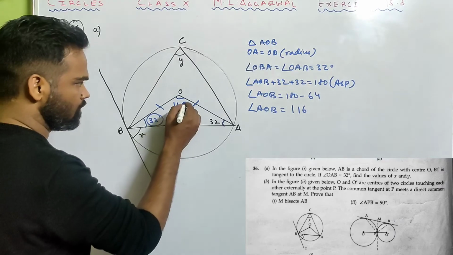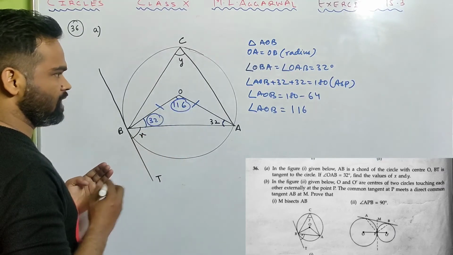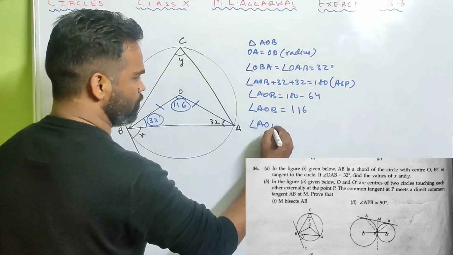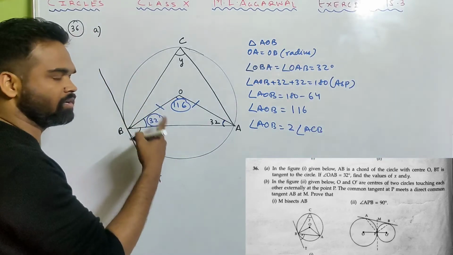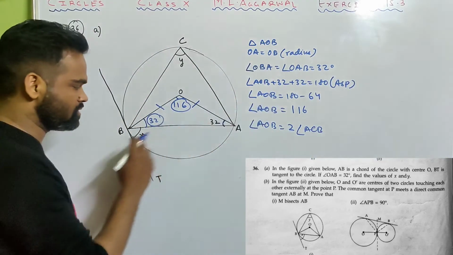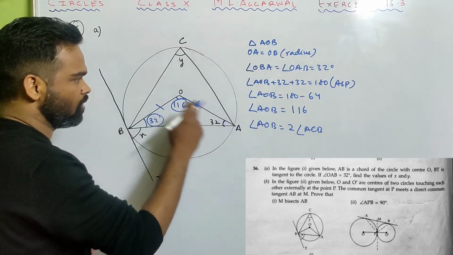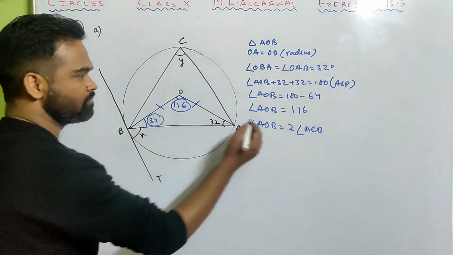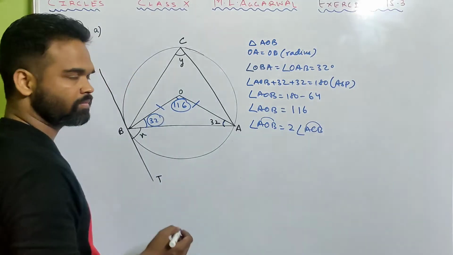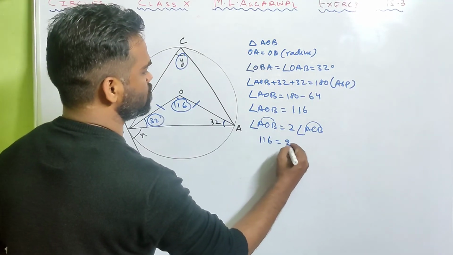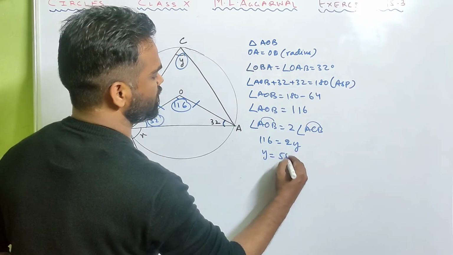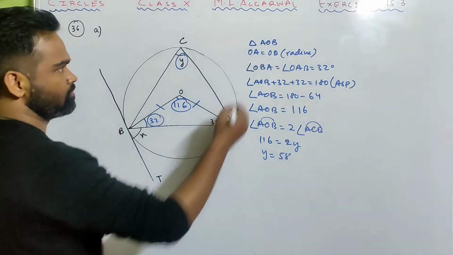Done. Now look carefully. Angle AOB is twice angle ACB. Angle at the center is twice the angle at the circumference. AOB, ACB. Yes or no? So 116 equals 2y, so y equals 58 degrees. Done.